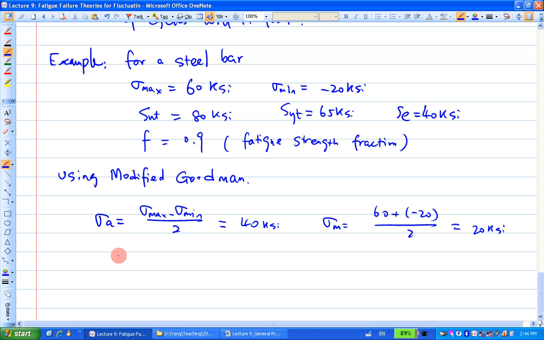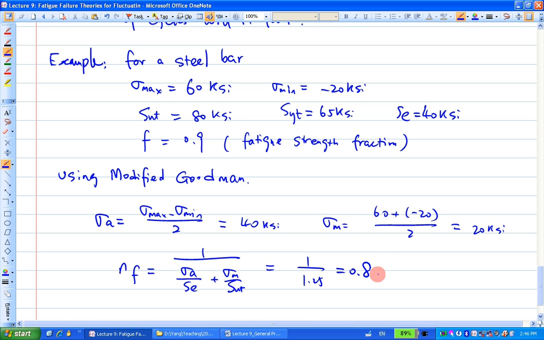Then very simply we substitute the values into the Goodman equation. You would get 1 over 1.25, precisely 0.8.